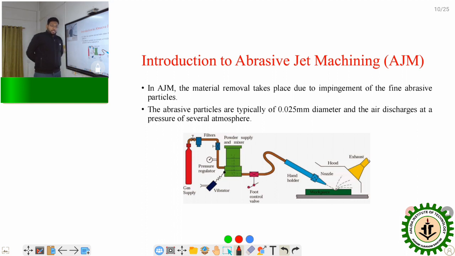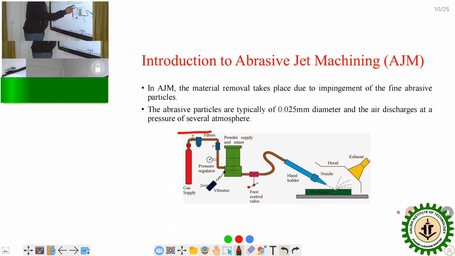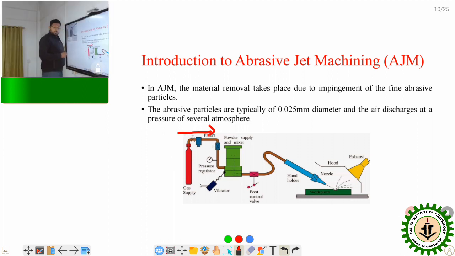Now, abrasive jet machining. Also, this is one type of mechanical energy source machining, where instead of using the water jet, we use some abrasive particles along with either water or high pressure fluid or normal gases. So, this is a gas supply. From this supply, the gas will flow through this pipe where there is a powder mixture chamber.